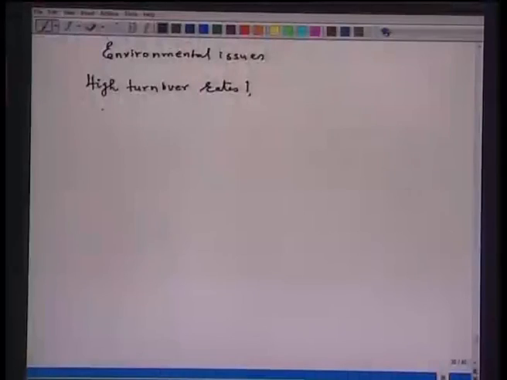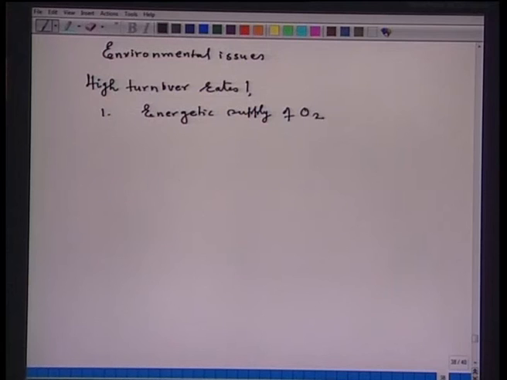So, the high turnover rates, the reason being, one, energetic supply of oxygen. Second, bottom stirring is another reason for high turnover rates. Then the formation of slag metal emulsion, because of the increased surface area.